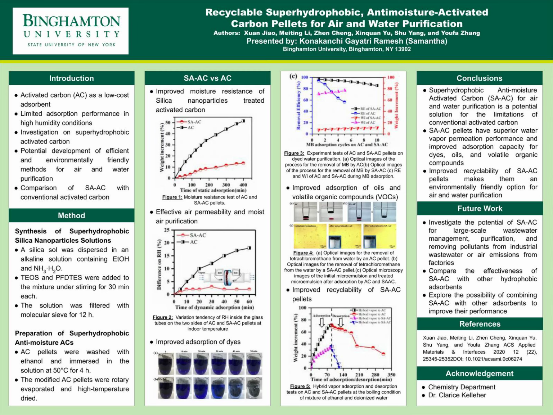You can see in the plot that the SAC did not have much difference in relative humidity, whereas AC had a very high difference in relative humidity. As I mentioned before, that is due to the moisture content that the AC absorbed.